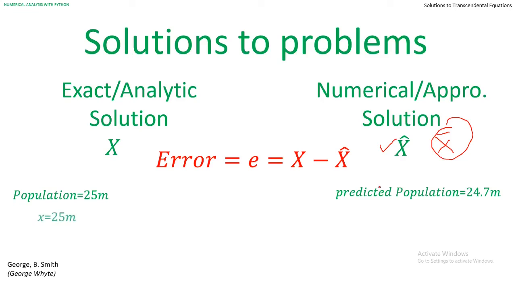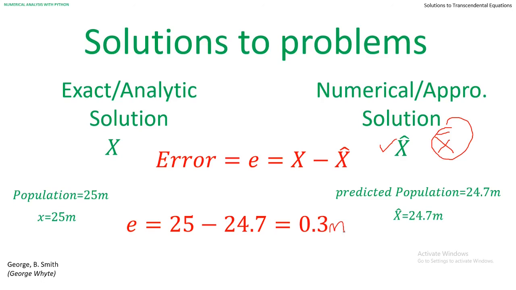And the error you have there is going to be 25 minus 24.7, because the exact value is 25m, and the approximate value, which is what you predicted, is 24.7m. So you have the error to be 0.3m. That's what you call the error.